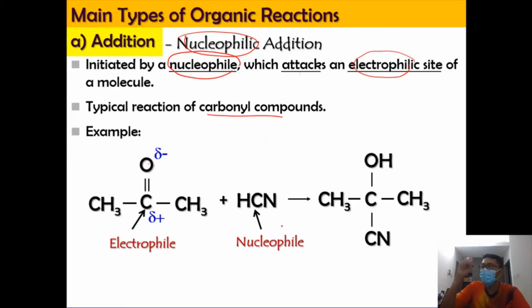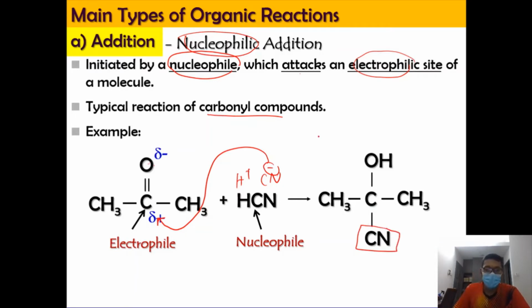Okay, as what you can see in the table, because basically it's going to be H+ and CN-. So the CN- here is going to attack the electrophile, and this causes the addition of the nucleophile into the system, into the carbon here. So the carbon-oxygen double bond will break and it's going to attach the CN.